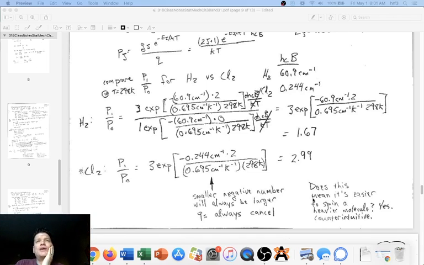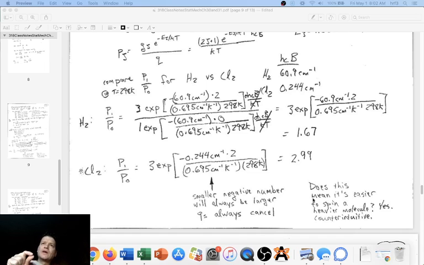So how do we conceptually understand this? You've got to think about the correspondence principle. As you get to a larger molecule, you're getting closer to a macroscopic system. Now, I'm not saying that chlorine's a macroscopic system. Still nanoscopic. But as you get in that direction, the energy levels get closer and closer together, closer to a continuum.